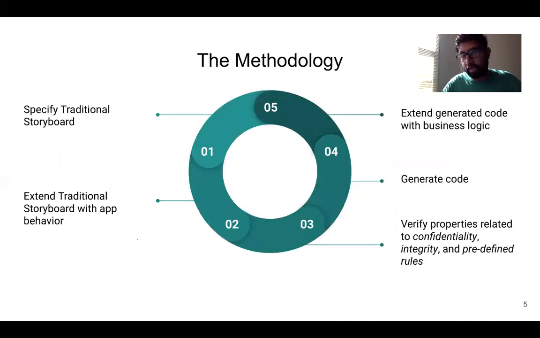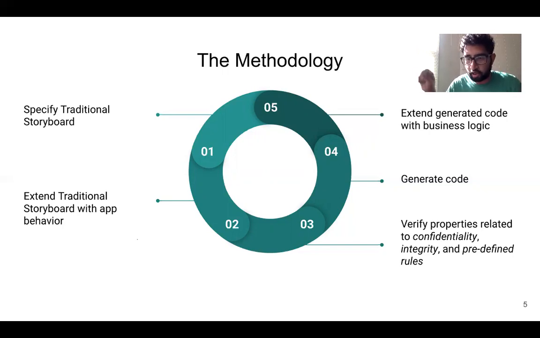So it turns out that we can, which is what my methodology is all about, where the developer and the designer will collaborate, and they'll start off with a storyboard, which is no different from what existing storyboards are. And we have extended the traditional storyboard's capability to allow the developer to specify the security properties of known vulnerabilities that can occur in an app.